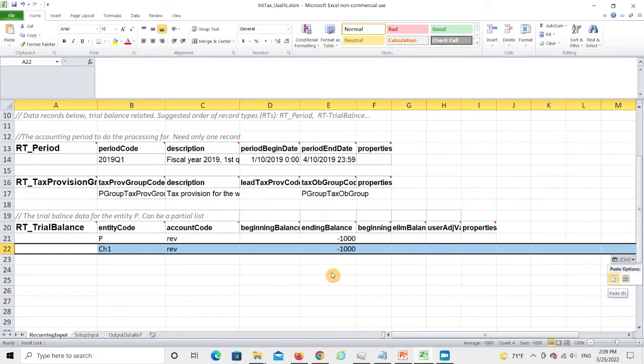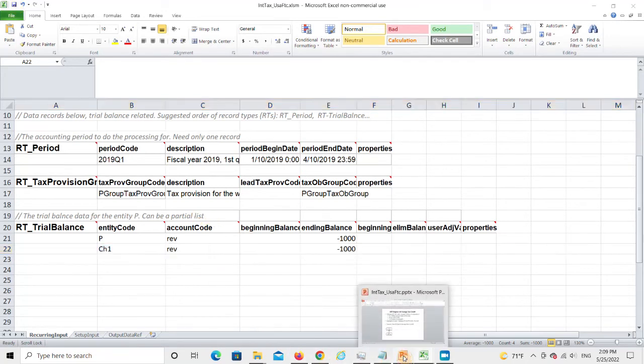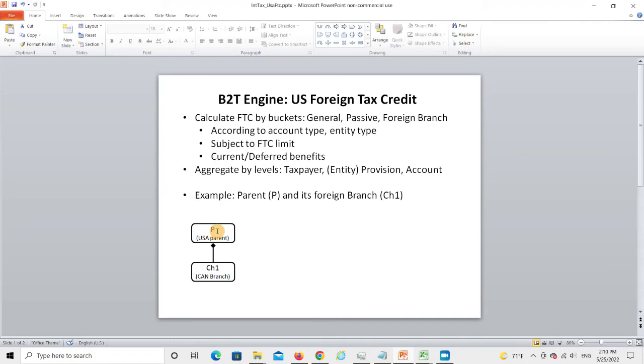So that is it, and we're going to save the input file with all the added facts. We actually have such a situation: we have a P that has a Canadian branch, and we want the engine to do a full calculation for the whole group, which would include the FTC calculation.